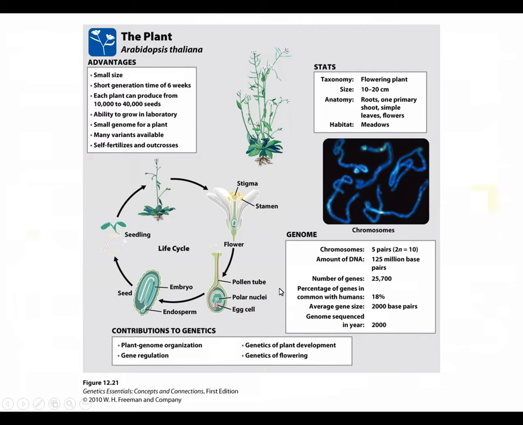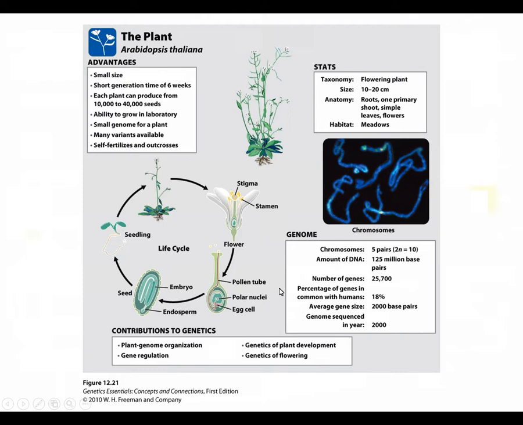In our 6 model organisms, it's the only one from the kingdom Plantae. It's a small plant. Its generation time is 6 weeks, and each plant can produce 10,000 to 40,000 seeds. So that's really the strength. Short generation time, lots of offspring.